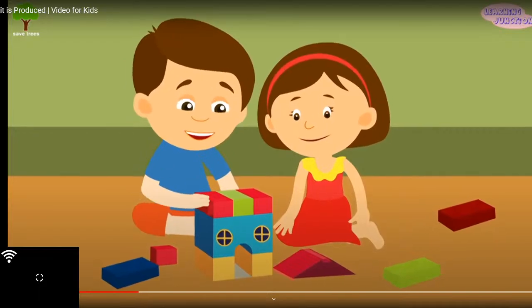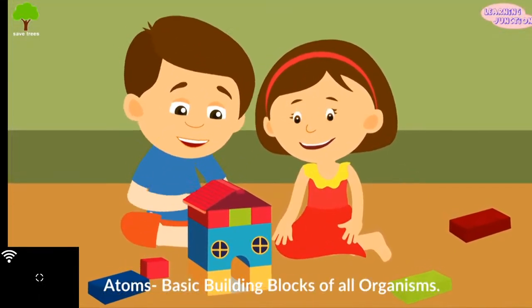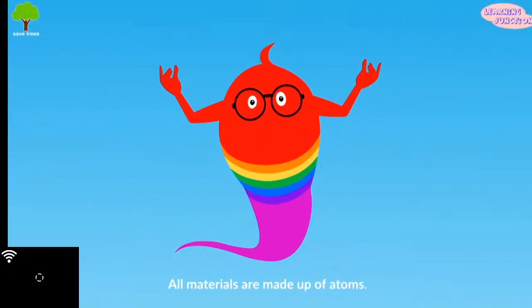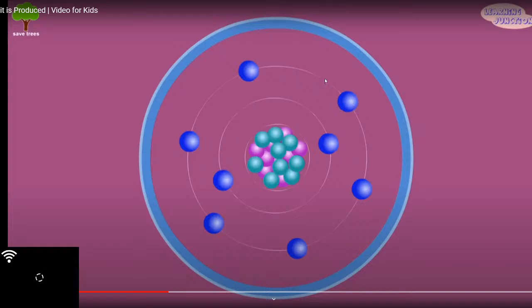It happens because of the basic building blocks of all matter, called atoms. All materials are made up of atoms. Remember that. You know all about that. This is an atom, this is a nucleus, and these are the shells or the orbits. These blue particles are electrons.